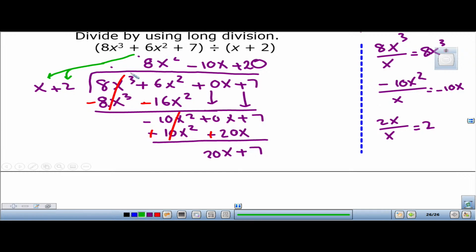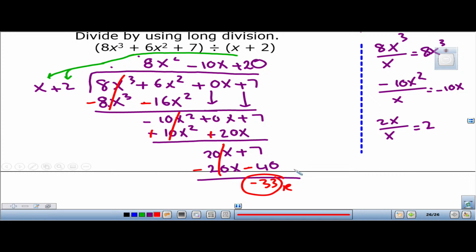So 20 times these here will be 20x plus 40. And I'm going to change the sign. And what would I get here? Negative 33. That's my remainder.